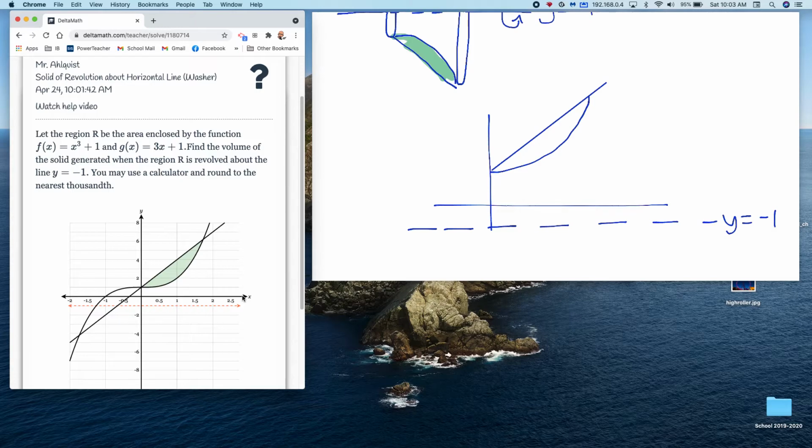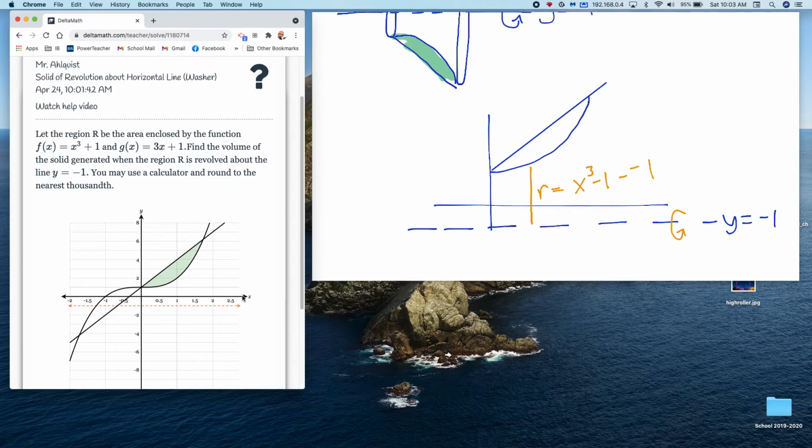So when we revolve it around this axis, this right here is the little radius, and that little radius is the cubic function, the top curve, minus the bottom curve, which is -1.